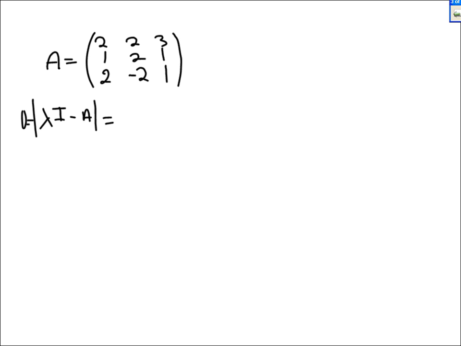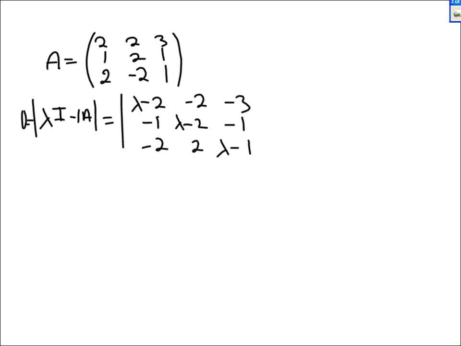In my opinion, the easiest way to do that is to negate A: change the sign of each entry, or multiply each entry by negative 1. And then put lambda on the diagonals.